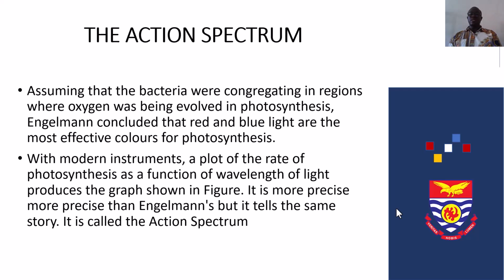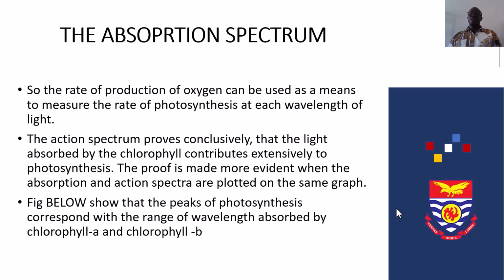With modern instruments, a plot of the rate of photosynthesis as a function of wavelength of light produces the graph shown in the figure. It is more precise than Engelmann's, but it tells the same story. It is called the action spectrum.